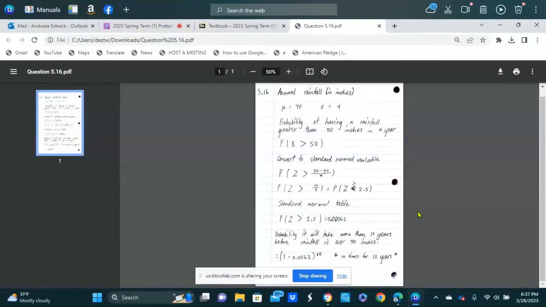And then the probability that it will take more than 10 years before rainfall is over 50 inches is 1 minus 0.0062, and then we put it to the power of 10 because it's 10 years, and the answer is 0.9397. Almost 94%.